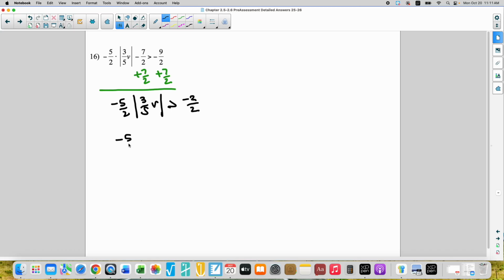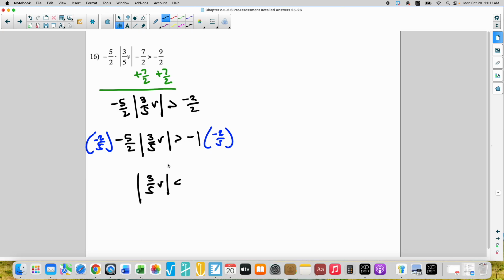I'm going to rewrite that because I like simplifying. That's negative 1. Now we've got negative 5 halves. We have to multiply by its reciprocal, negative 2/5. Isolating my absolute value of 3/5 v, I multiply both sides by a negative, so I have to flip that. Negative 1 times negative 2/5 leaves me with 2/5.